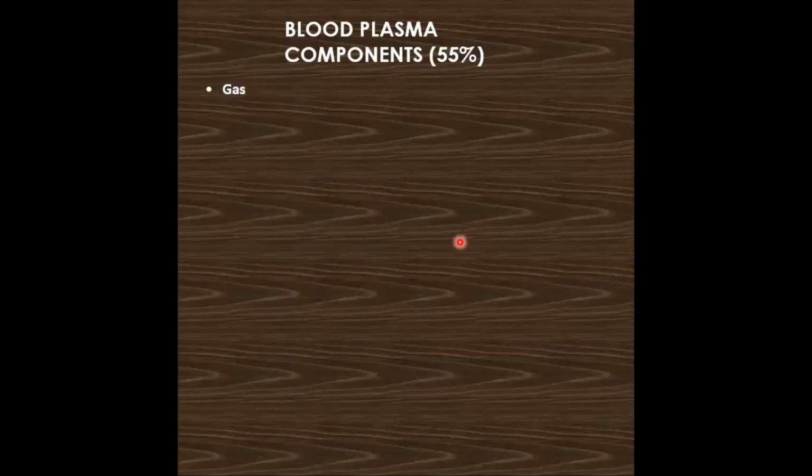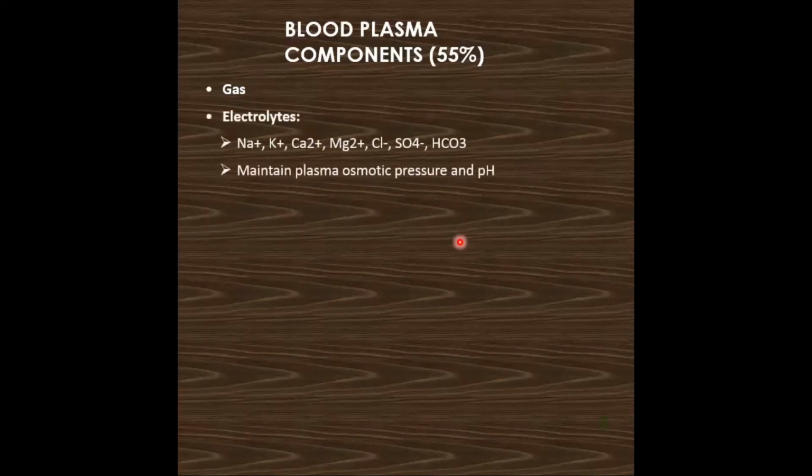While apart from proteins, blood also contains gas. We know that blood is very helpful in carrying oxygen and carbon dioxide from and towards the lungs. There are also some electrolytes like sodium, potassium, and calcium that take part in making sodium, potassium, and calcium channels to help the process of transportation of nutrients.